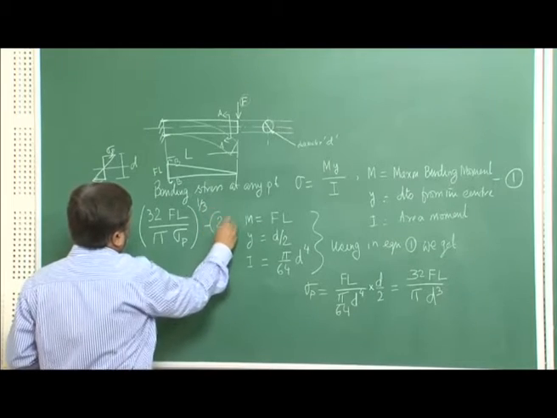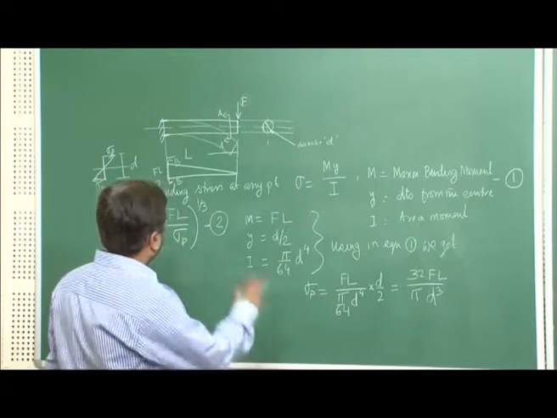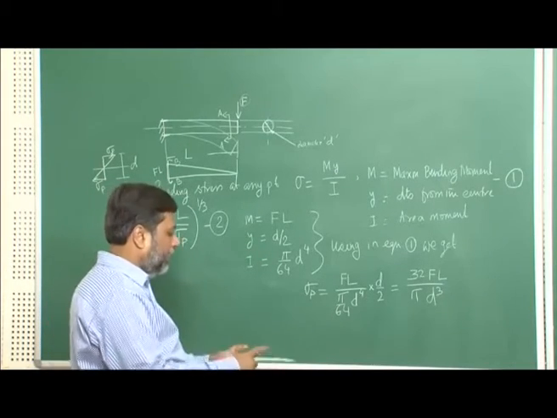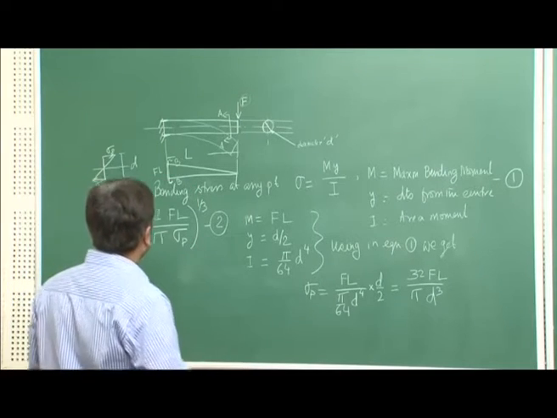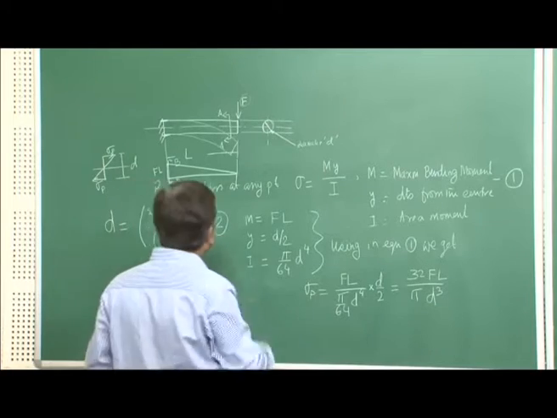That is my equation 2. So, I get the maximum stress, and I can express the free variable d with respect to this maximum stress that will be coming to the system.